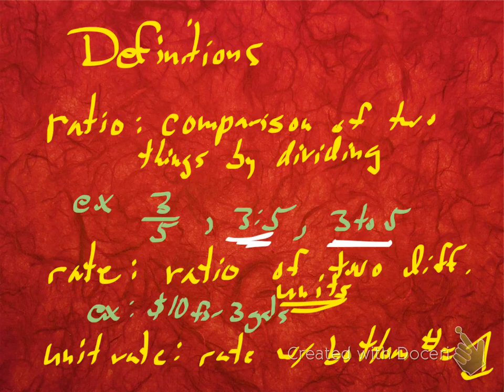So 1 gallon of gas, if I was just going to fill up enough for my lawnmower, would be whatever a third of 10 is, which is like $3.33. Actually, it'd round up to $3.34, but that's the idea. So we can reduce a regular rate to a unit rate by making the bottom equal to 1. Those are your big 3 definitions: ratio, rate, and unit rate.